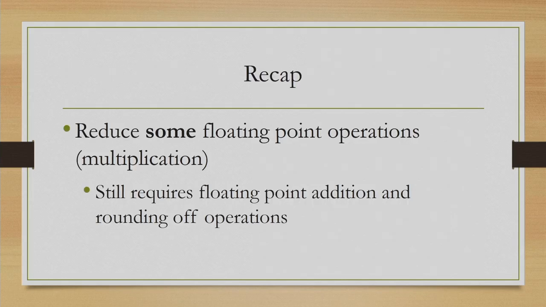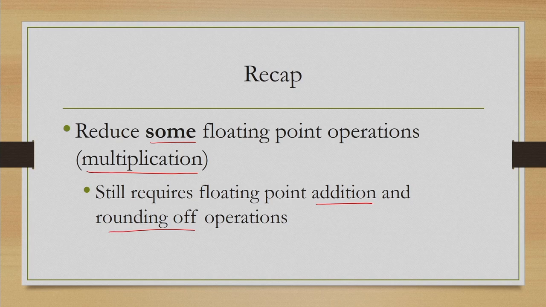Now, the DDA can reduce some floating point operations, as we have discussed, particularly multiplications. However, it still requires other floating point operations, namely additions and rounding off. So, it is still not completely efficient, so to speak, and we require a better approach.